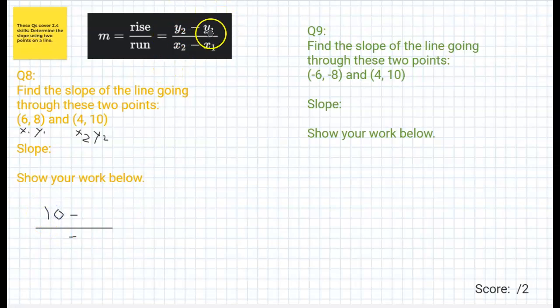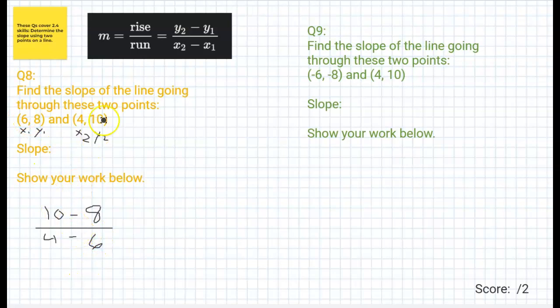Then I'm looking for my y sub 1, and I see that that is 8. And then I do the same thing for my x's. My x sub 2 is 4, and my x sub 1 is 6.